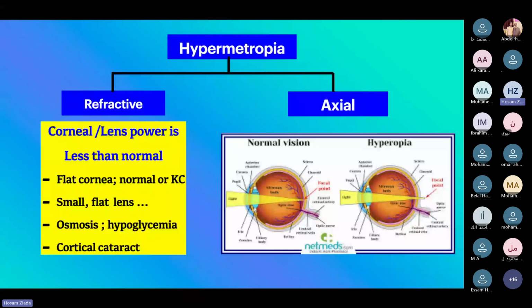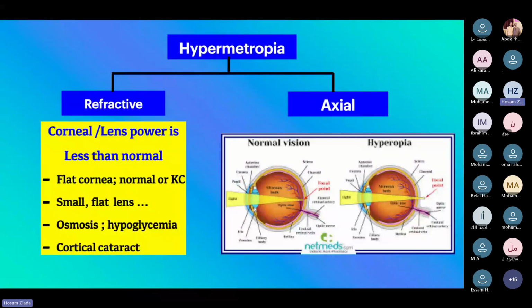No, it's actually not, because hypermetropia means that there is an error of refraction which makes the vision blurred. But the blurring for the far is less than the blurring for the near. So it's called long-sightedness. The patient prefers to see far than near because there is an error with the near vision.